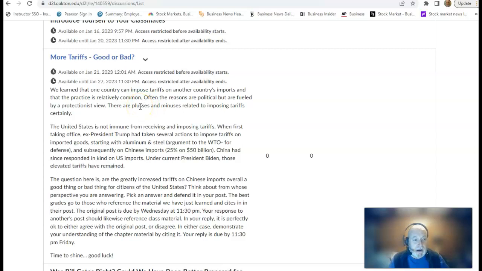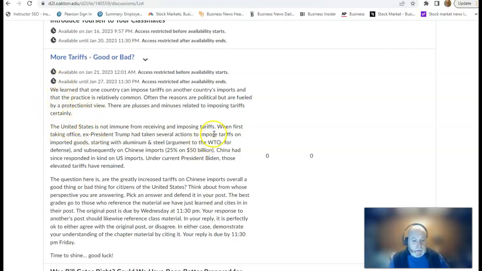Since the last administration, in the United States we have instituted considerably higher tariffs, particularly on China. My question to you is, is this good or bad for the citizens of the United States?